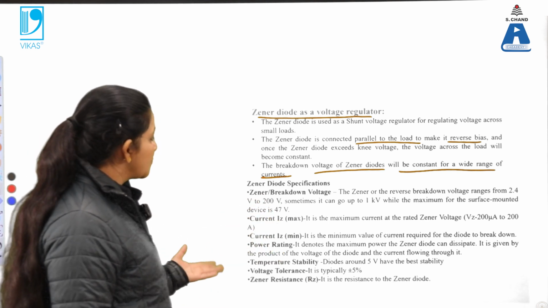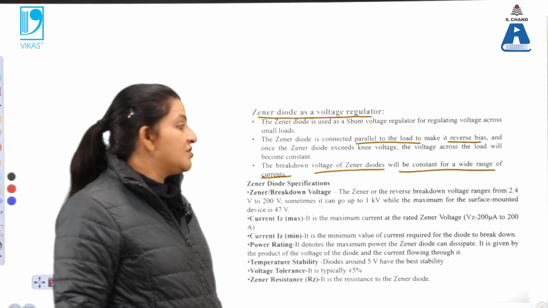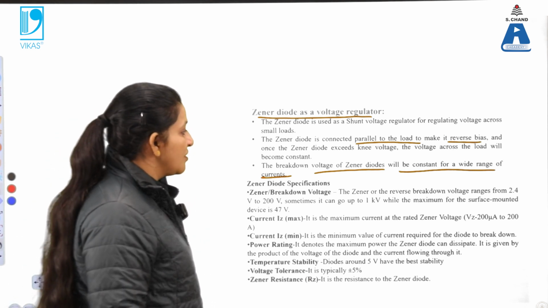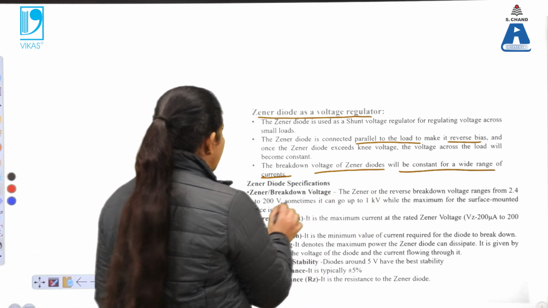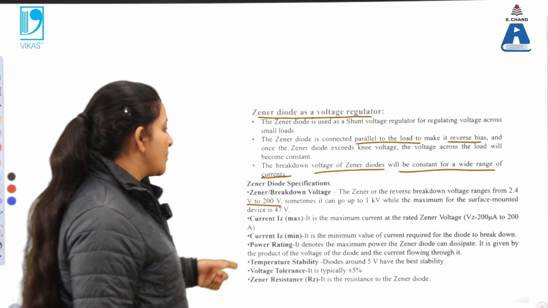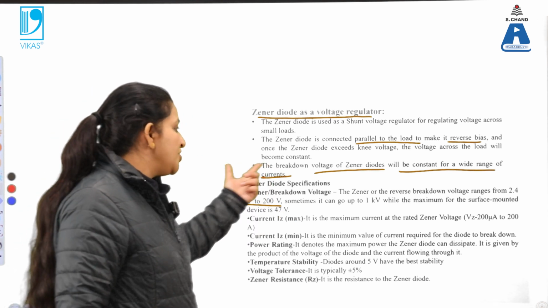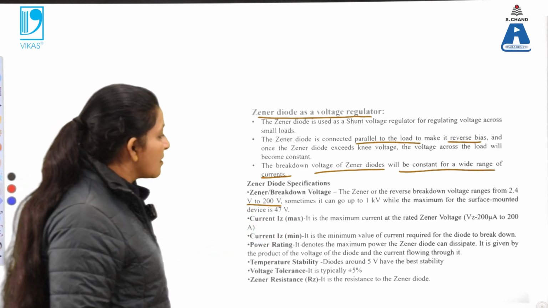Now next are some specifications, voltages and characteristics of the Zener diode. The reverse breakdown voltage is quite high, from 2.4 volt to 2000 volt. So up to this voltage the Zener breakdown voltage can be achieved. Next is the current value.